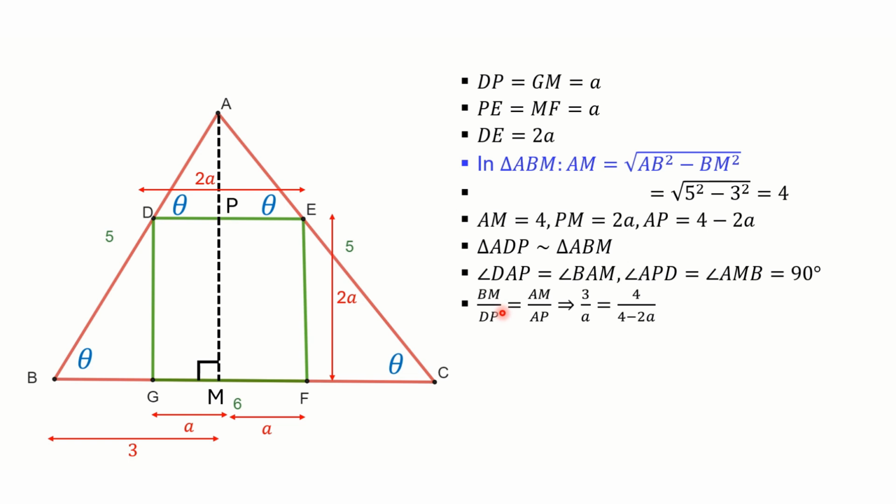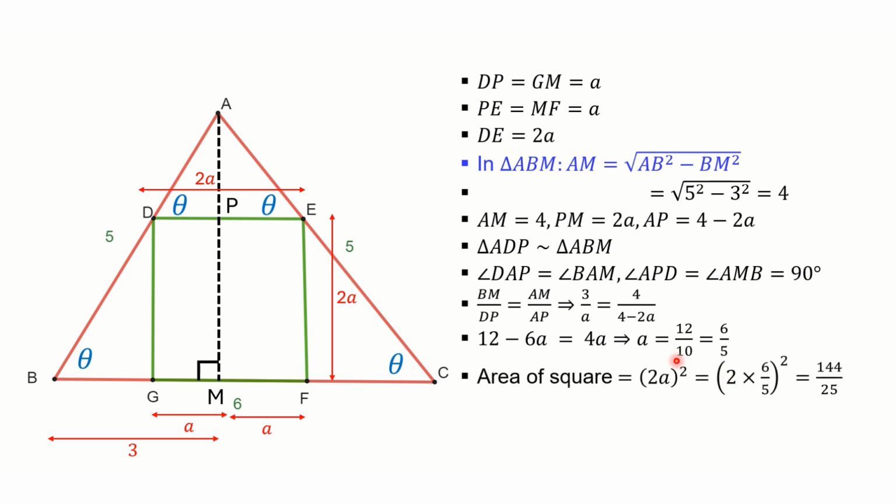BM is 3 units because it is half of the total 6 units. DP is A. AM we just calculated, AM is equal to 4 units, and AP is 4 minus 2A. So from this I can calculate the value of A. If I cross multiply, this becomes 12 minus 6A is equal to 4A. So A is equal to 12 by 10, which is 6 by 5.